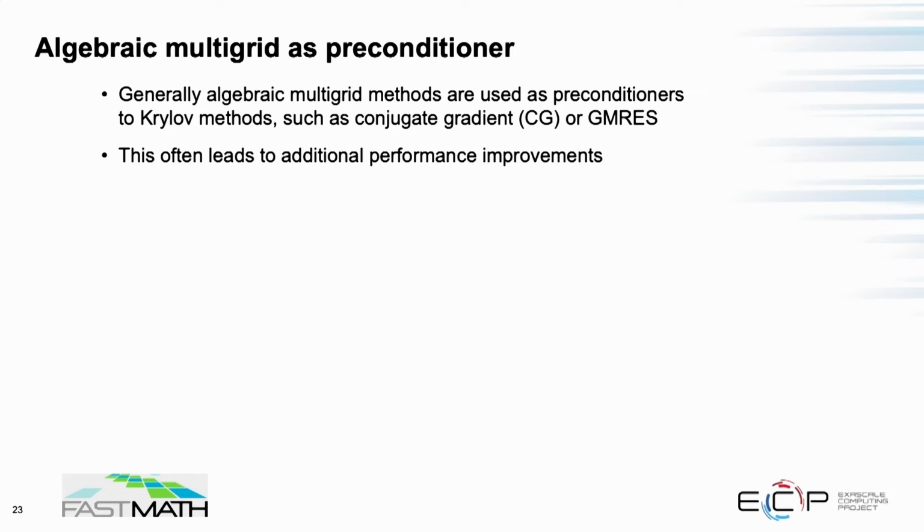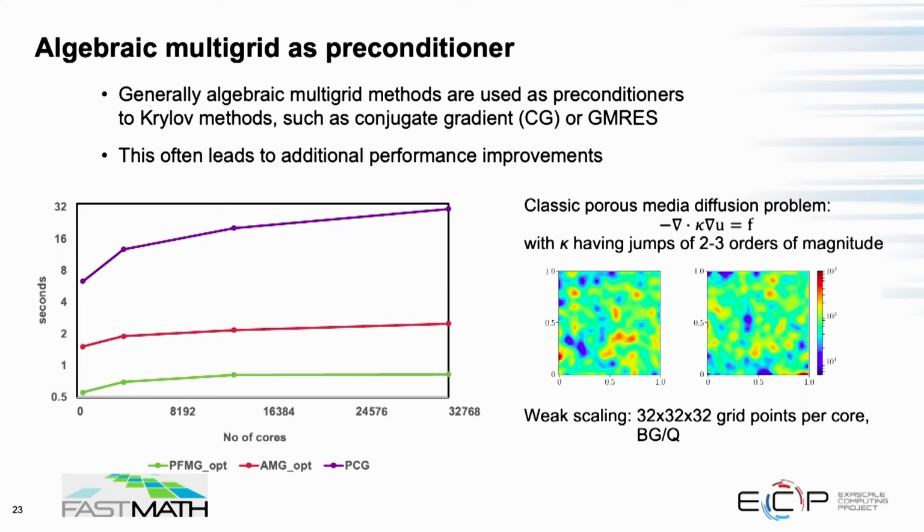So, one more weak scaling study. Again, this is a diffusion problem, but here our coefficient kappa has really large jumps, so it makes it a harder problem. We apply just diagonally preconditioned conjugate gradient, BoomerAMG, which is our unstructured solver, and PFMG, which is our structured solver, to this problem.